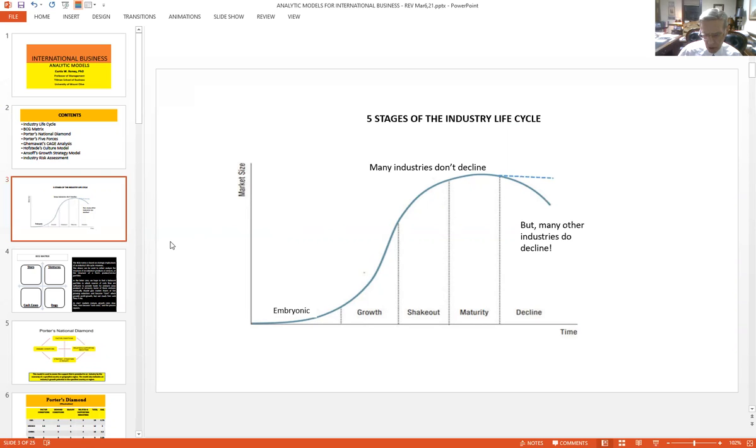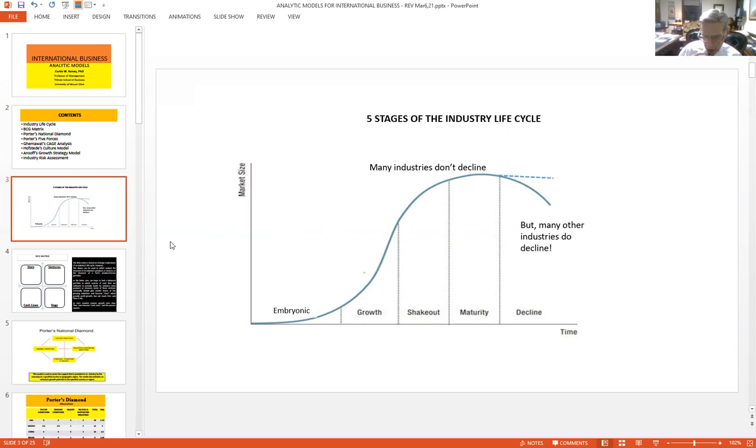If more companies come in and if they also meet with success, the industry can grow. There will come a time when the industry doesn't grow as fast because the saturation limit is approached. It's not necessarily reached at the shakeout stage, but things are getting a lot tougher.